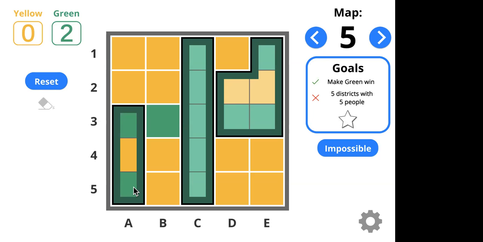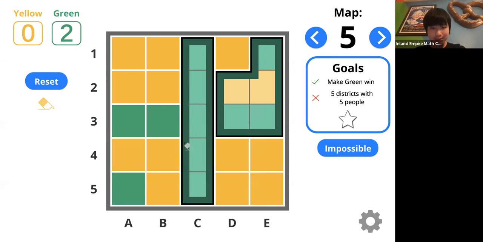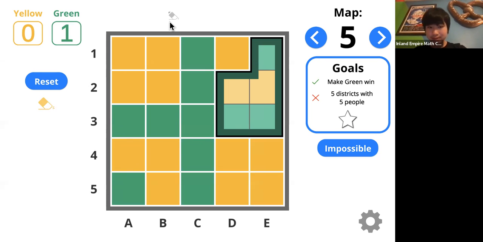And then, wait, no. Oh, whoops. Sorry about that. Yeah, so Olivia's talking about the yellow that's alone here.